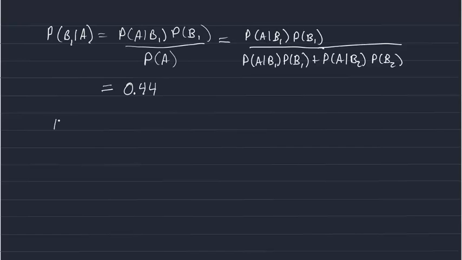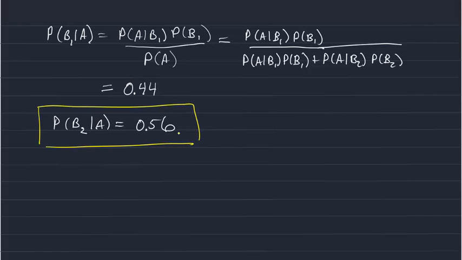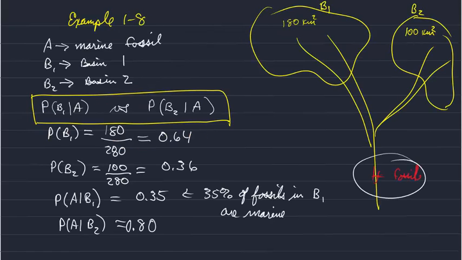We can do a similar exercise for basin 2, and we find that the probability of any marine fossil coming from B2 is 0.56. So we can give an educated guess to our friends that they should go look in basin 2. And, well, luckily for them, it's the smaller of the two.